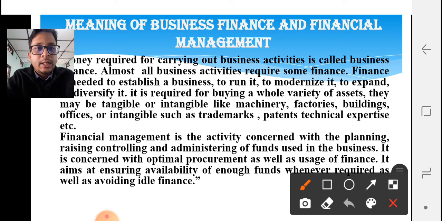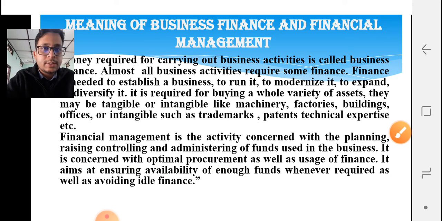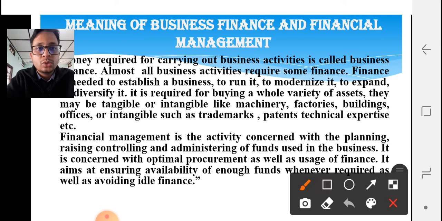Next you see, it is concerned with optimal procurement as well as usage of funds. Not only the funds that the business will acquire from any source, but it is also concerned with optimal procurement. Optimal procurement means it should not be more than sufficient, it should not be unnecessary.